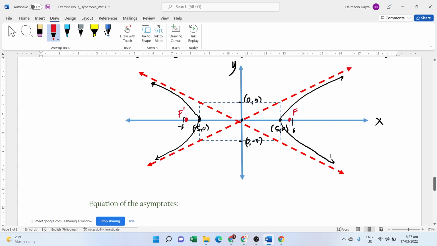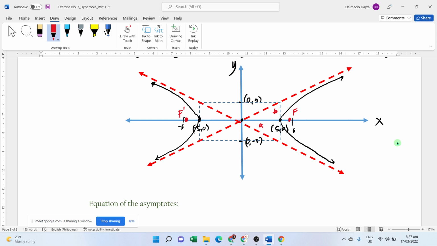Since we already have drawn the hyperbola, you know that from the x-axis, this is b units away. And also from the origin, the vertex is a units away.